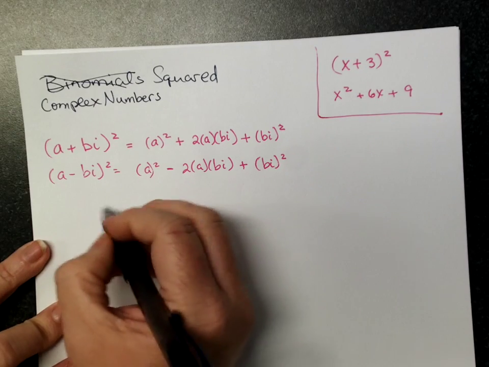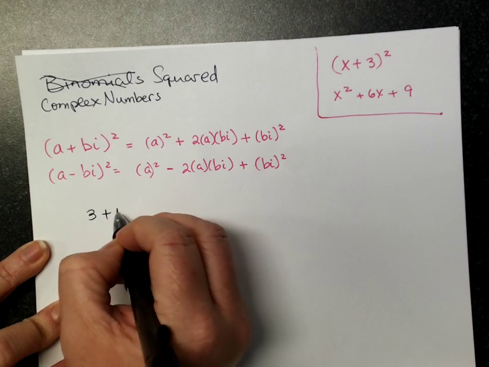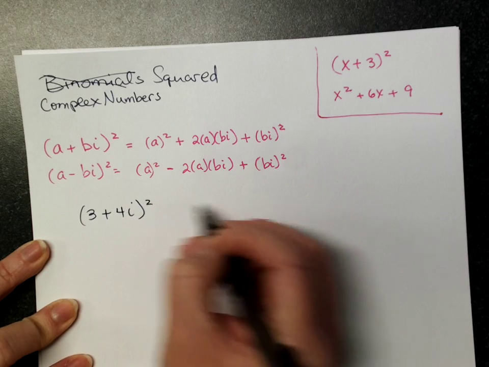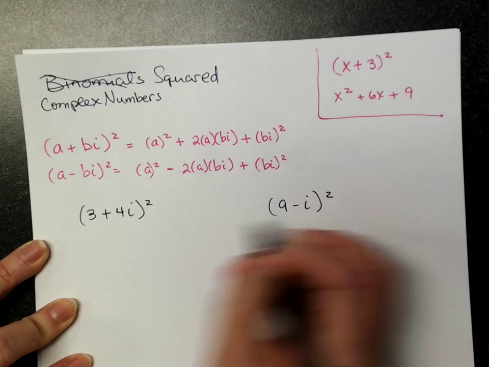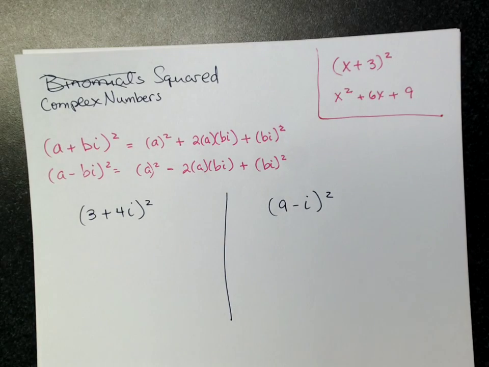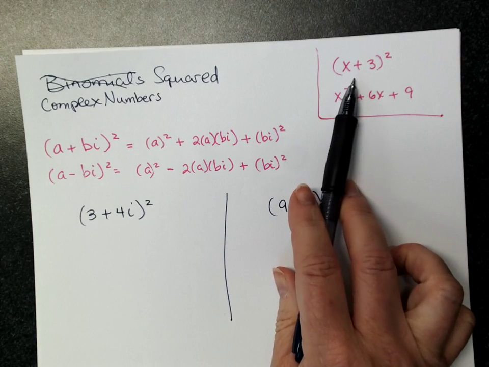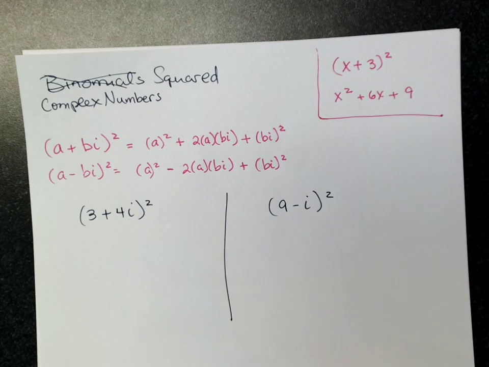So with that pattern in mind, if we take 3 plus 4i and square it, or say 9 minus i, and square it, the first step should be, just like you do this mentally, but you're going to write down that expanded step with the i's in parentheses.